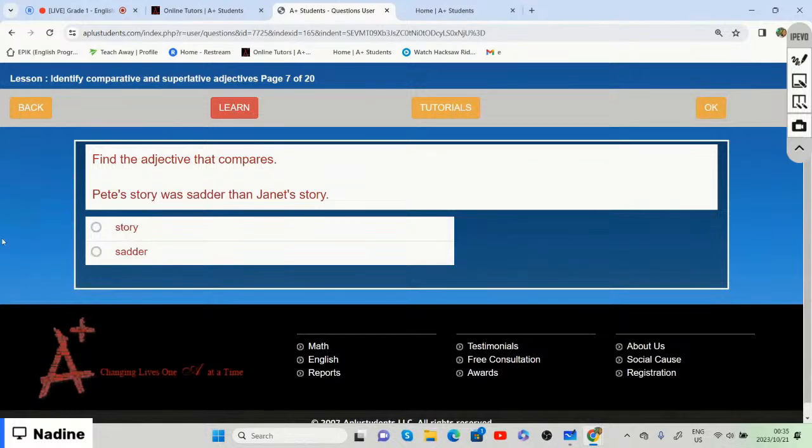So sadder is our adjective that compares, meaning that they are comparing Pete's story and Janet's story. So this is sadder.